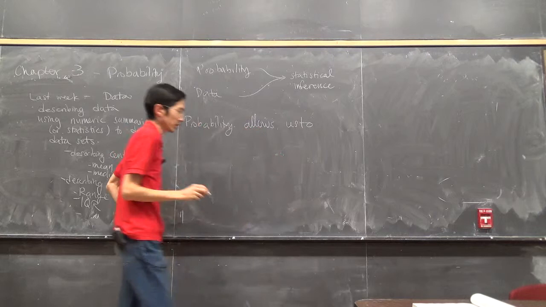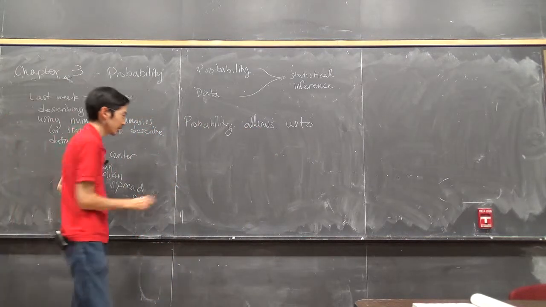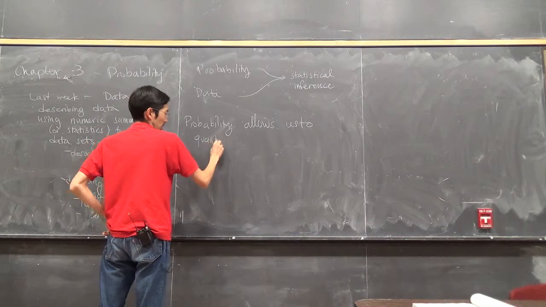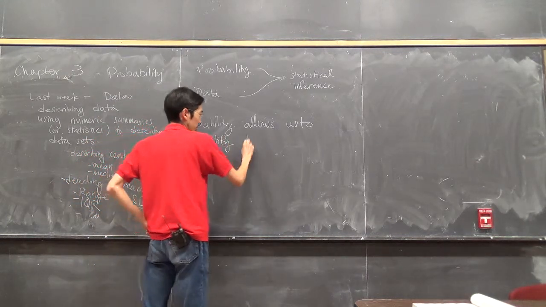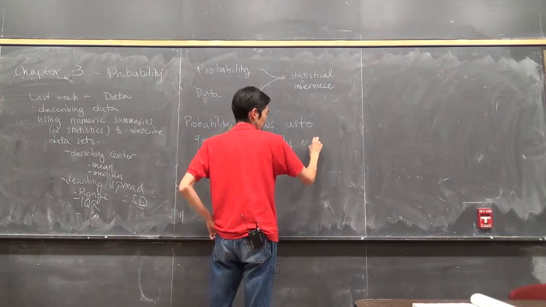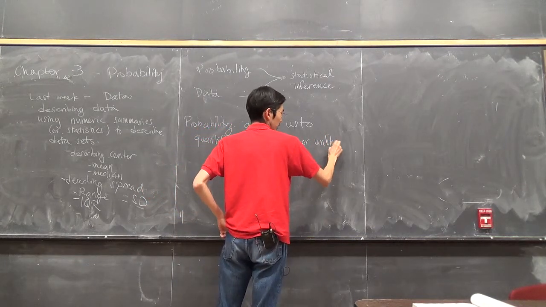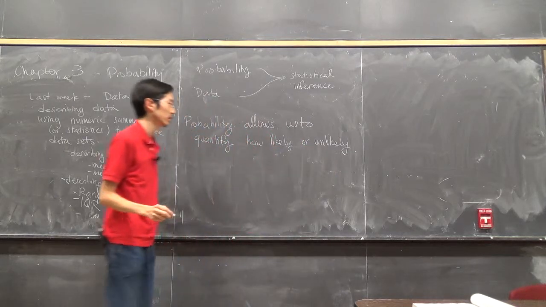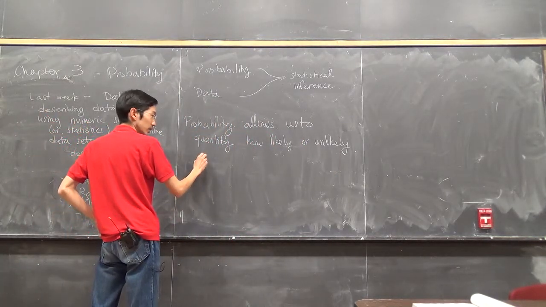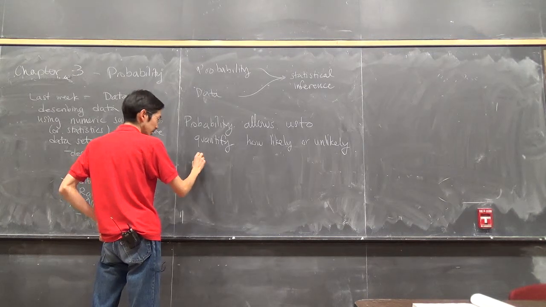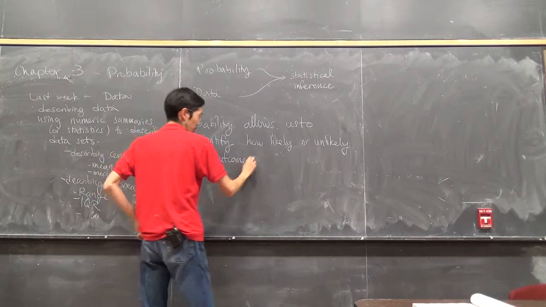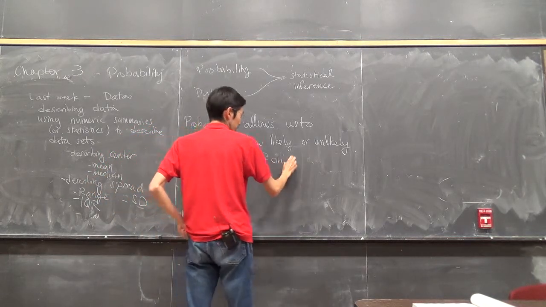Probability allows us to express or quantify how likely or unlikely the outcome of an event would be.